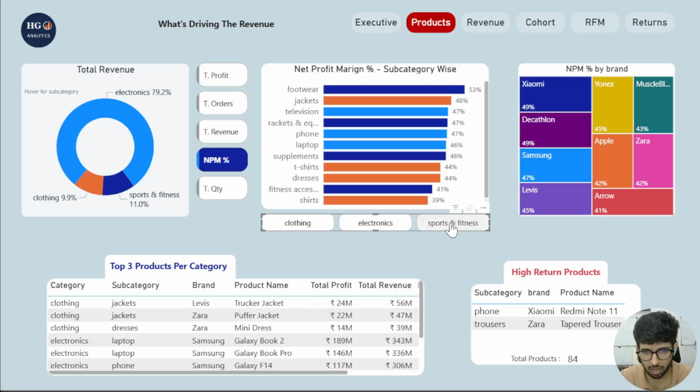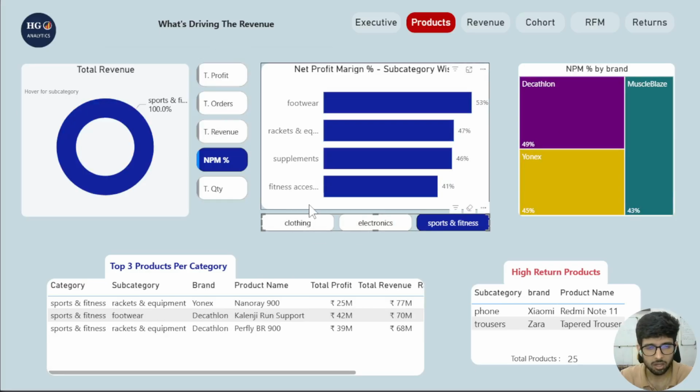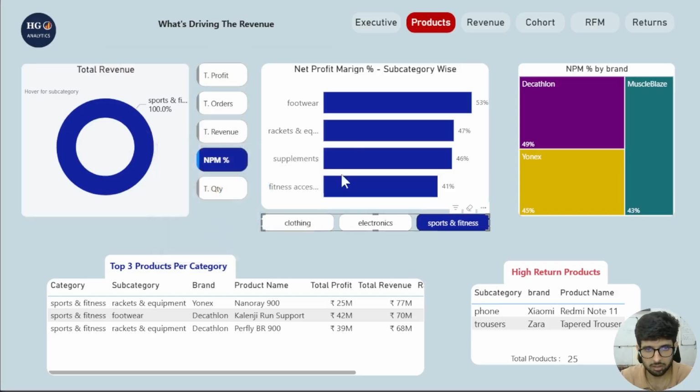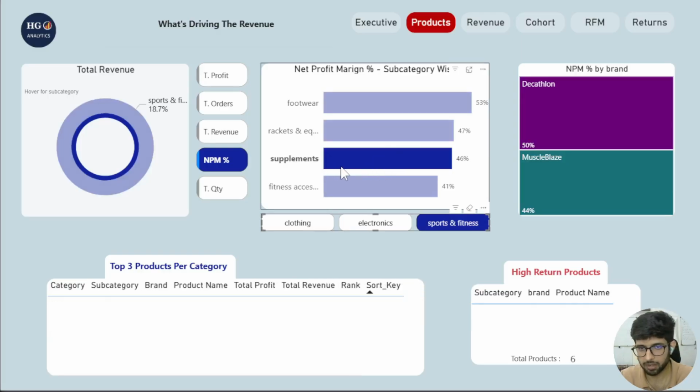If you want to see, let's say, sports and fitness, you can see the revenue division. You can see here the net profit margin division, where Decathlon has the highest in sports and fitness. And if you want to see supplements, only Decathlon and Muscle Blaze have the highest.